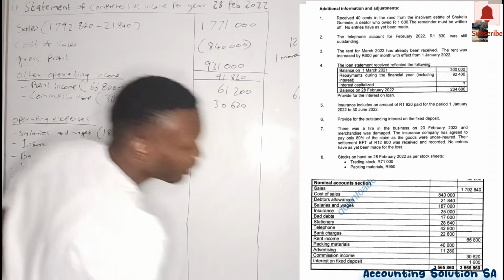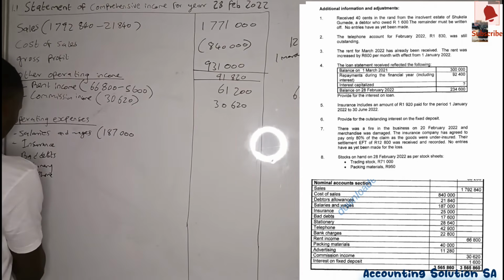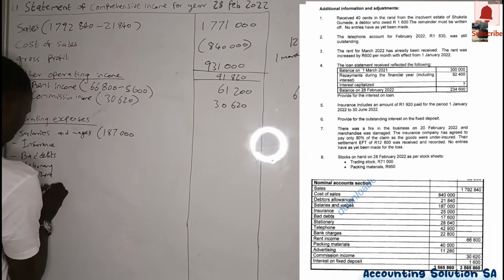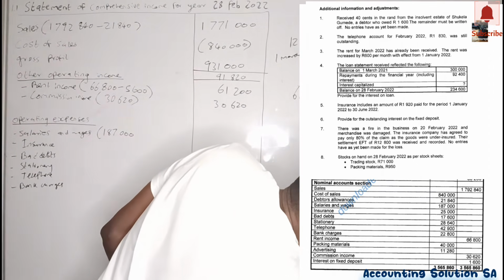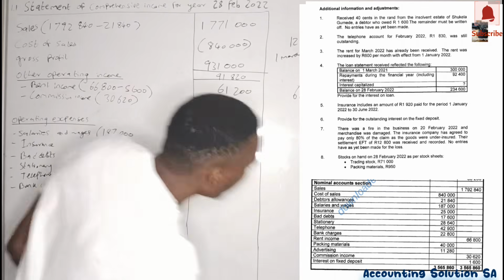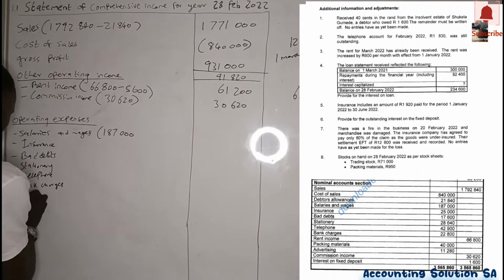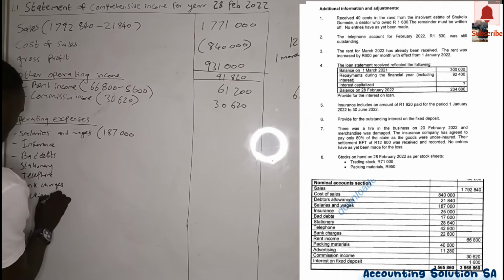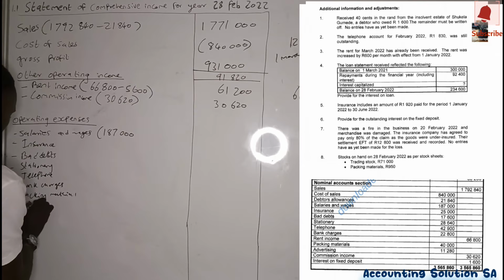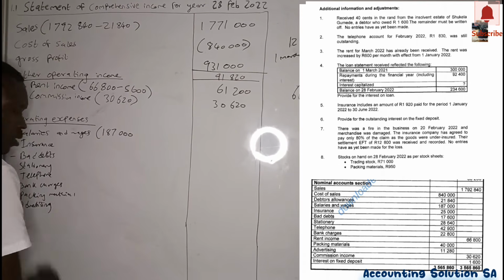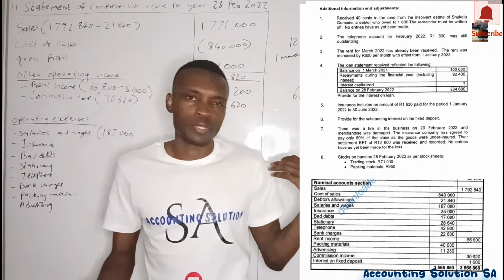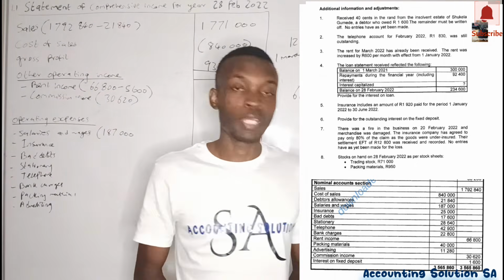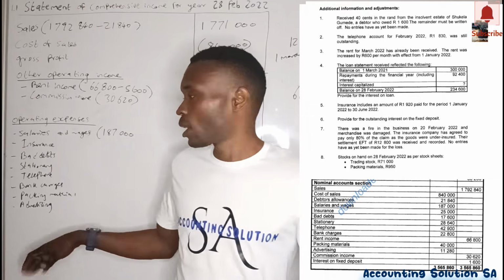We have bank charge. Then what else? We have packing material and advertising. Then another one, like trading stock deficit and loss due to fire. We're gonna add them after this.